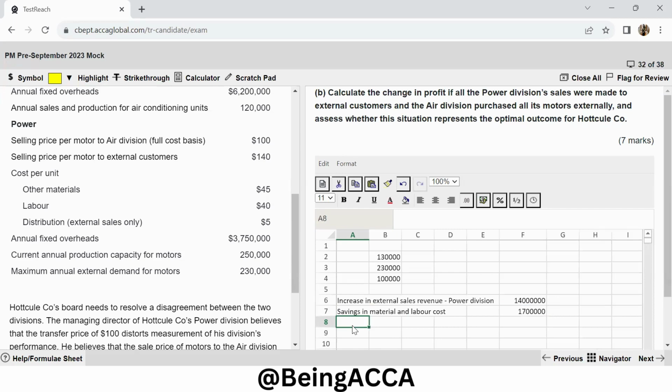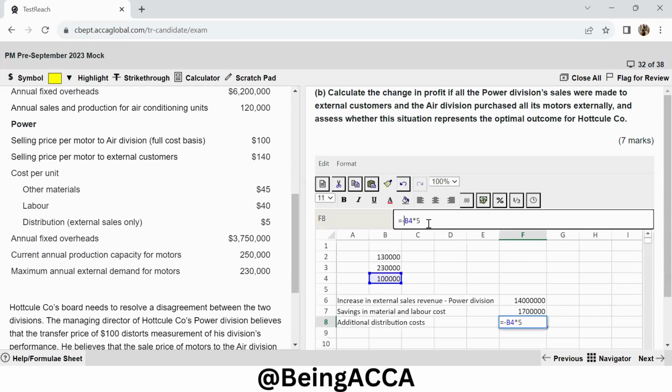Now let's have additional distribution costs, because earlier we were selling 130,000 units internally at no distribution cost, but now these will also be sold externally. So my additional distribution cost will also apply to these 100,000 units, multiplied by 5, because that is the price per unit. This should be shown as a negative figure because this is the extra cost.